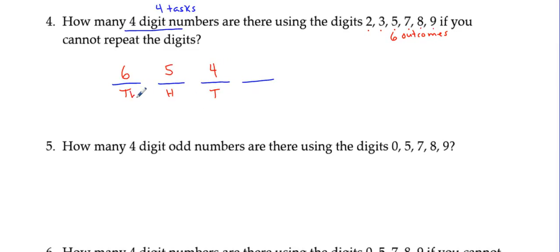And for the ones digit, there are 3 possible outcomes. And again, this is a hidden example of AND, because when you make a number, you're going to have a thousands digit and a hundreds digit and a tens digit and a ones digit. And this will work out to 360 numbers. Again, remember to add this for your communication marks.